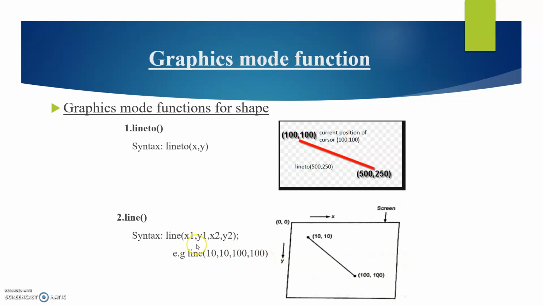Here x1 value is 10, y1 value is 10, x2 value is 100 and y2 value is 100. These are x1, y1, this is our point 1. This is 10, 10, and then we are drawing a line from this point to 100, 100.